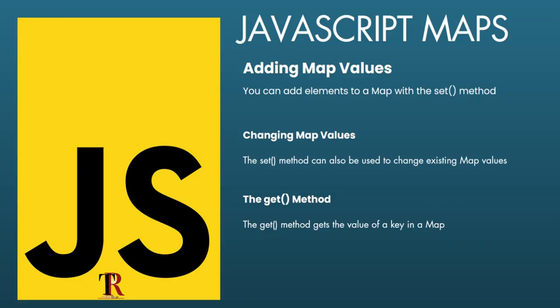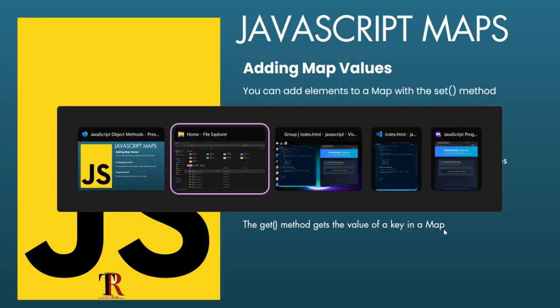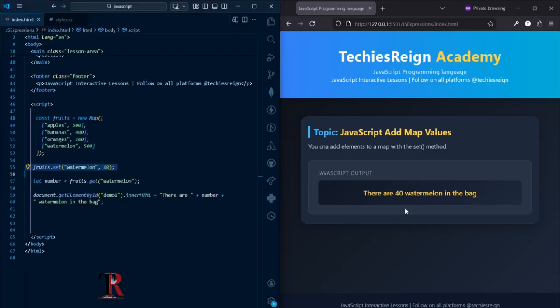So we're now going to take a look and examine the get method itself. Now, the get method gets the value of a key in a map. Which means that if you want to get the value of a key in a map, you need the get method in order to achieve that. So let's take a look at an example.